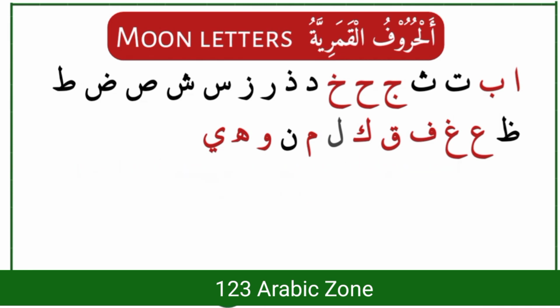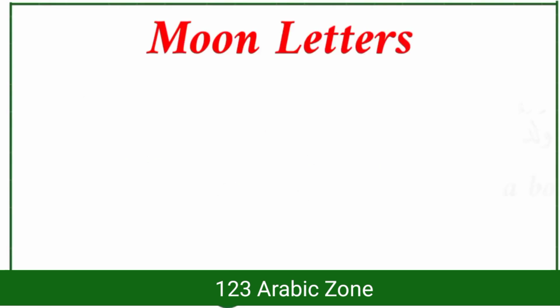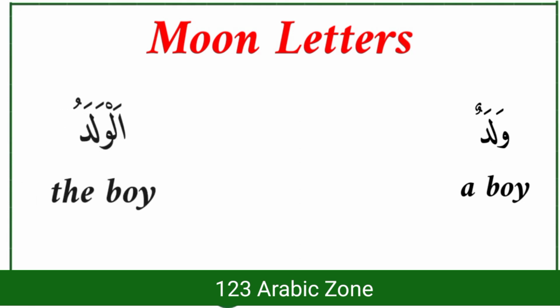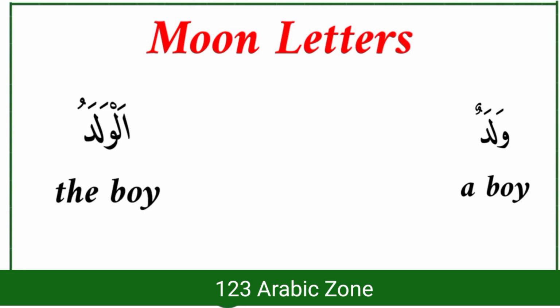Let's see some more examples. Waladun means a boy. With the addition of alif lam al, it will become al waladu. Al waladu means the boy.